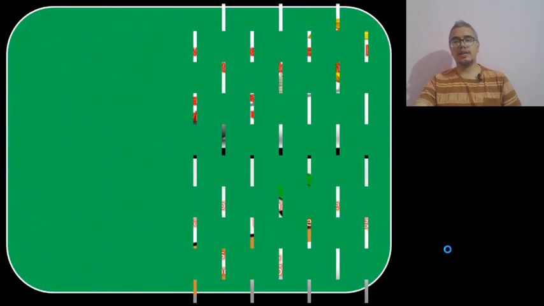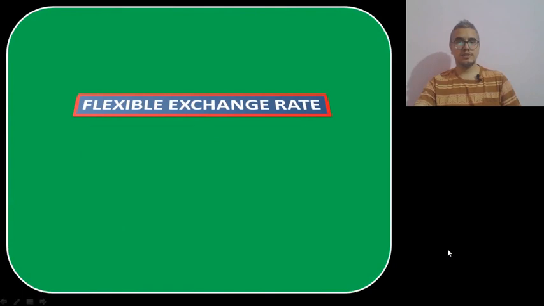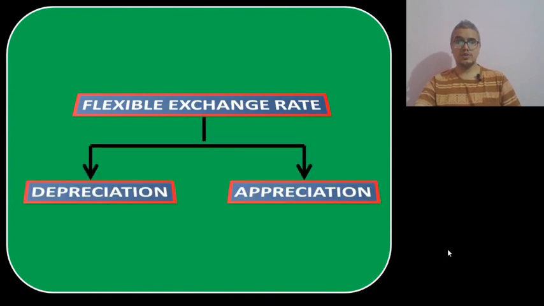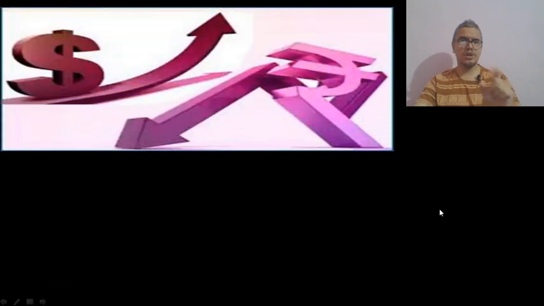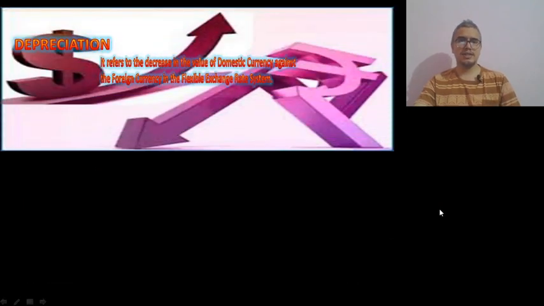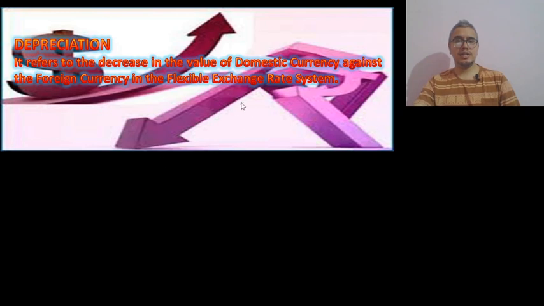On the other hand, in case of flexible exchange rate system, the similar concept is there. The changes may occur in two ways, that is depreciation and appreciation. Depreciation and appreciation have the similar meaning as that of devaluation and revaluation, only with a slight change. Depreciation takes place in flexible exchange rate system.